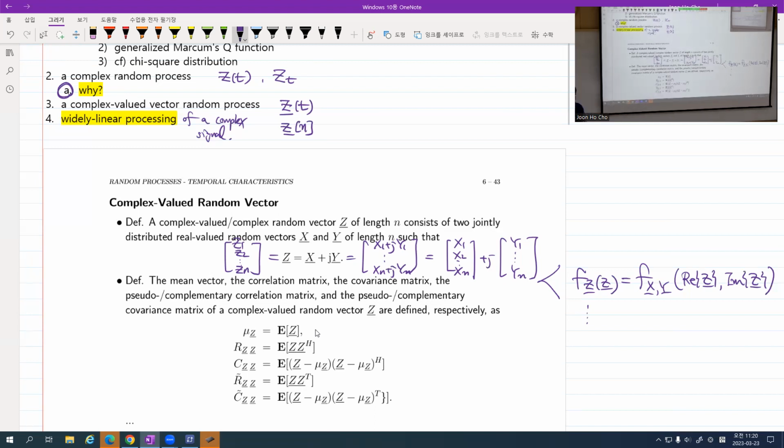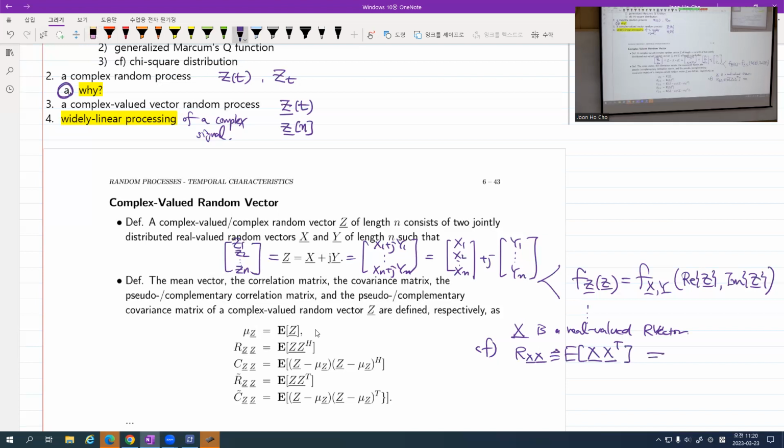What is a correlation matrix of a real valued random vector? Suppose X is a real valued random vector. Then what is this notation? It's defined as the expectation of random vector X times X transpose.